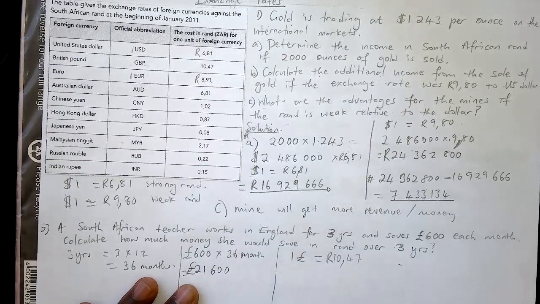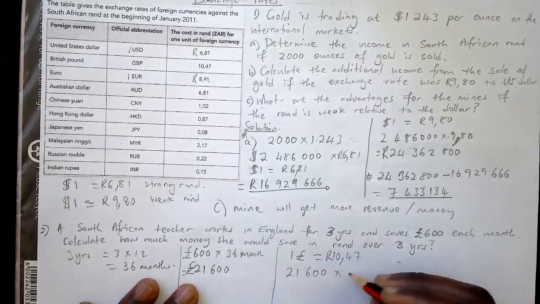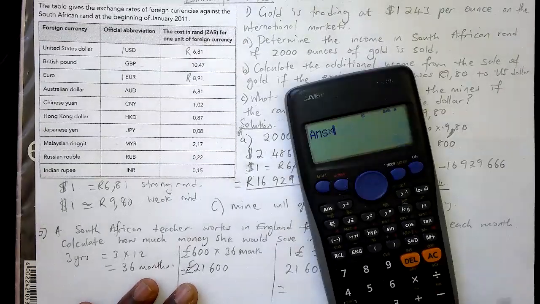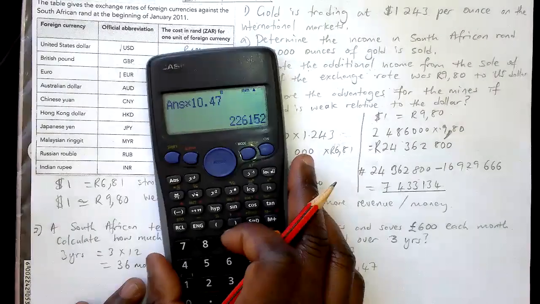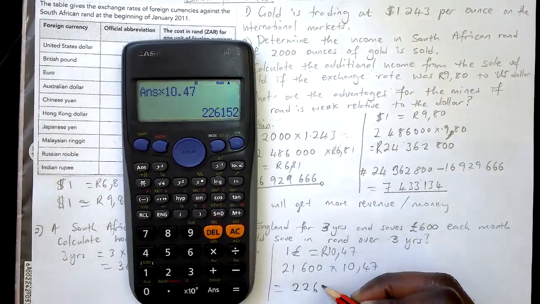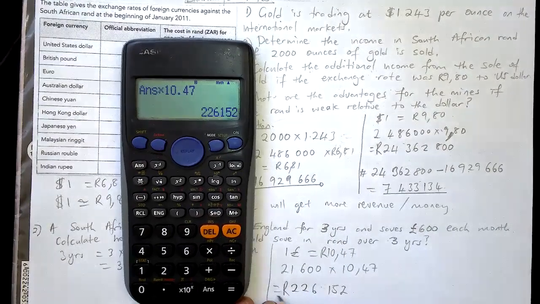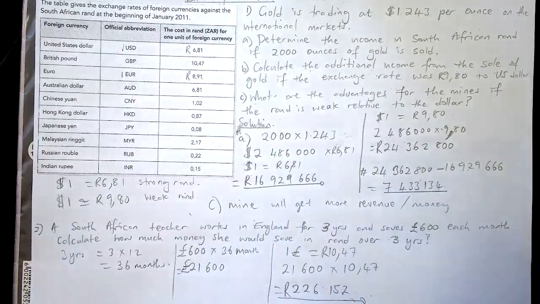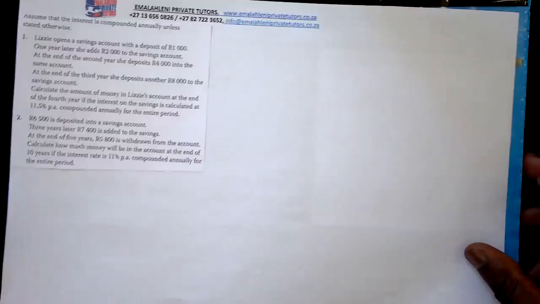So we're going to say 21,600 times 10.47 to get it in rands. What do we get? 226,152. That's the amount the teacher will be having over 3 years. Okay, so let's move on to the last part.